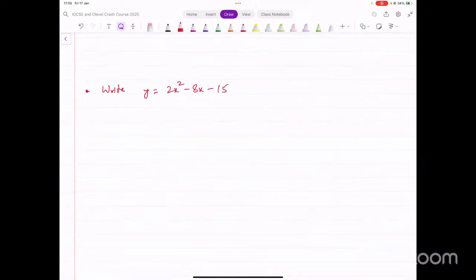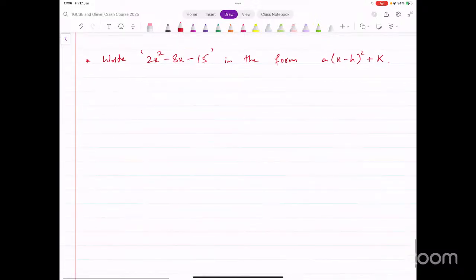Okay, all right. So write this expression in the form a into (x minus h) whole squared plus k.